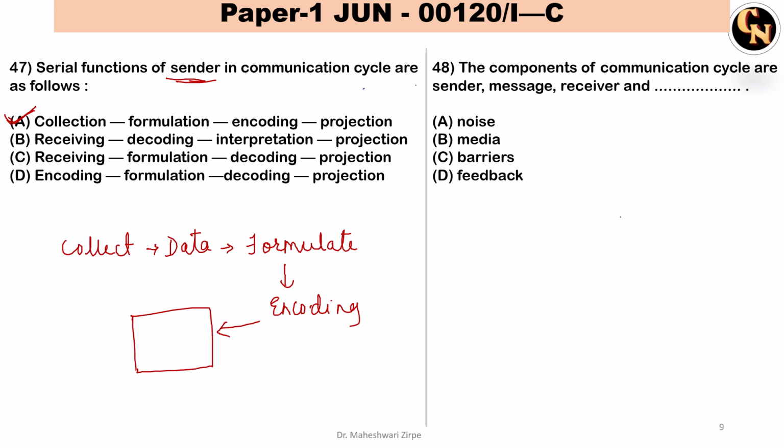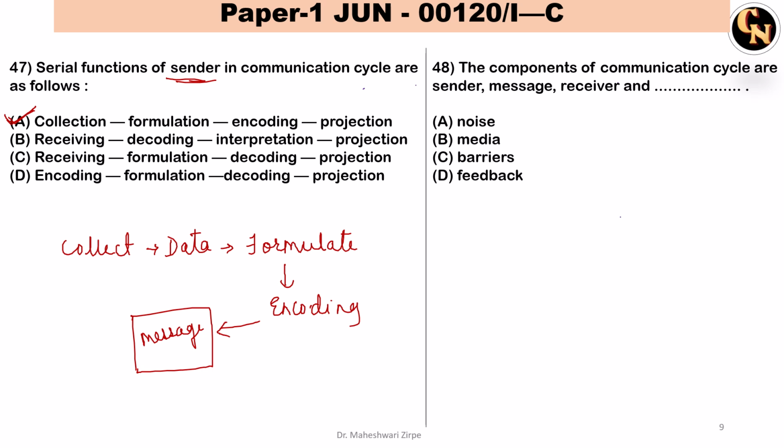Next one is, the components of the communication cycle are sender, message, receiver and dash. What do we require for the communication cycle? You require a sender, then the message, which has to be sent, and a receiver.